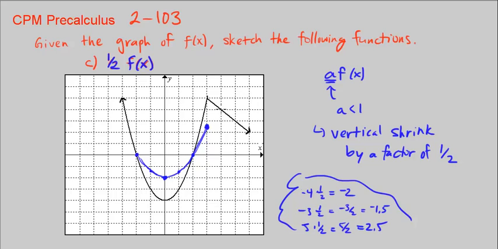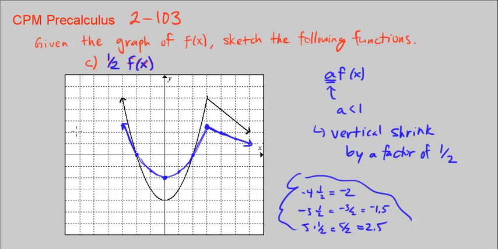This point here was 1, 2, 3, 4. 4 times 1/2 is 2. 3 times 1/2 is 1.5. 2 times 1/2 is 1. So this is now what it looks like here. Over here, let's go ahead and multiply 5 times 1/2 is 2.5. So it's going to look like this.